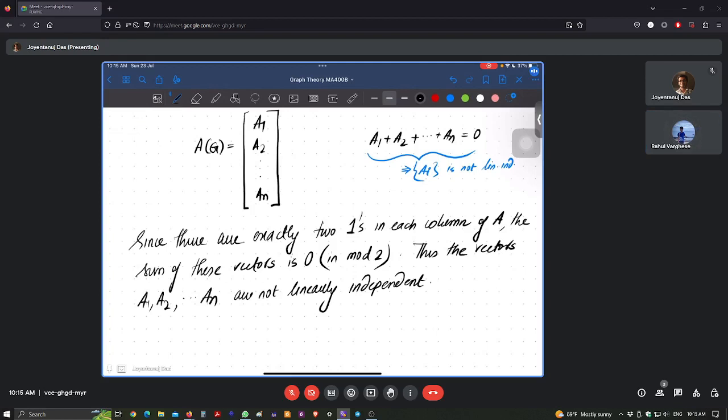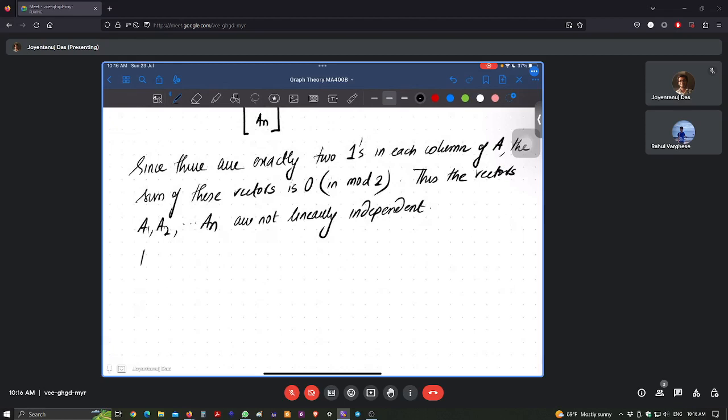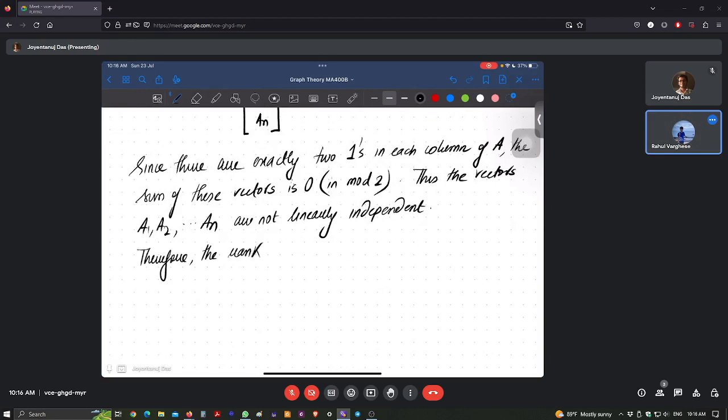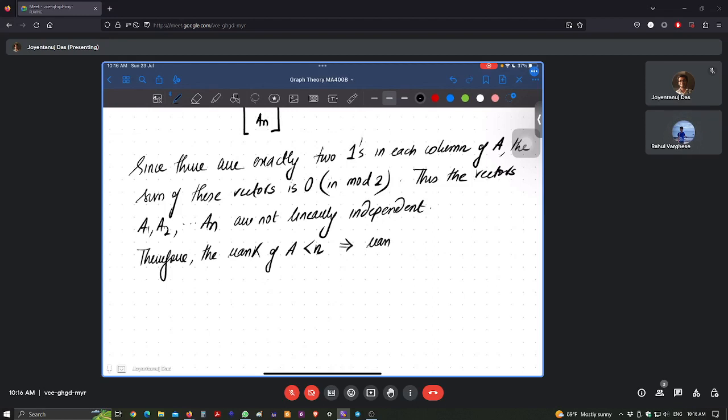So since they are not linearly independent, the rank has to be less than n, because there are n vectors. Rank is the number of linearly independent vectors, right? So therefore the rank of A is strictly less than n, and so this implies rank of A is less than or equal to n minus 1, right?